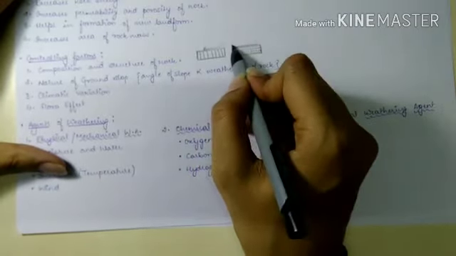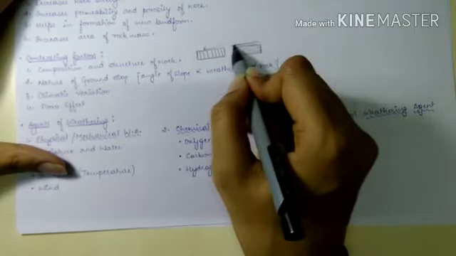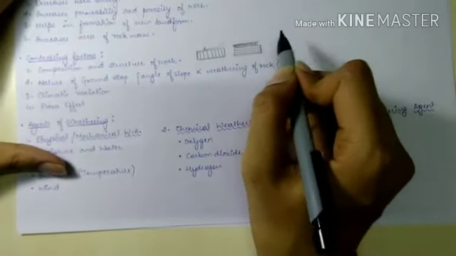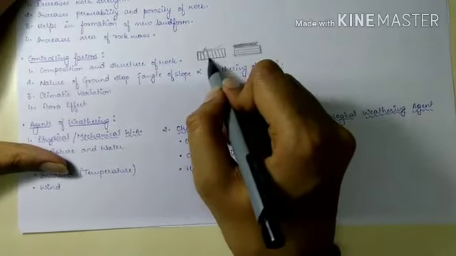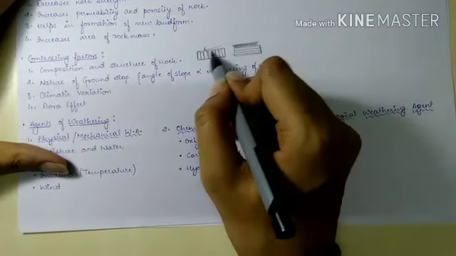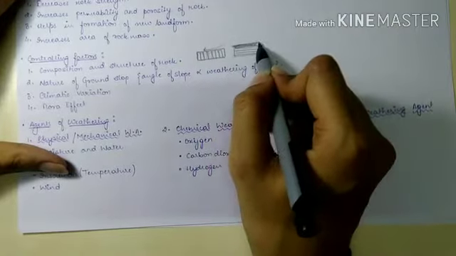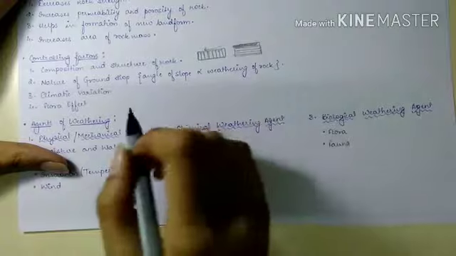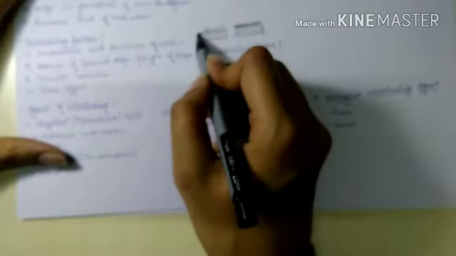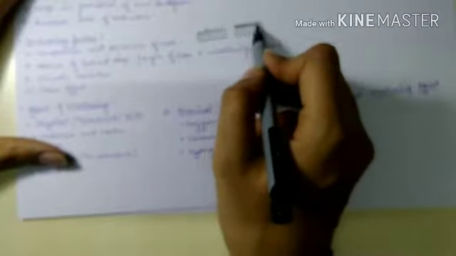Because here we have a large surface area without any discontinuity, and here there are various discontinuities, so they will be eroded away faster. Sorry, this will take much less time to disintegrate than this one.